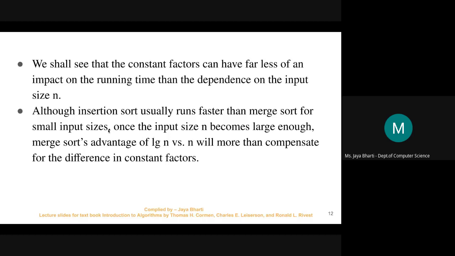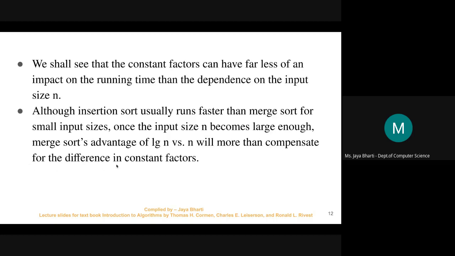We know this: although insertion sort usually runs faster than merge sort for a small input size, once the input size n becomes large enough, merge sort's advantage of log n versus n will more than compensate for the difference in constant factor.